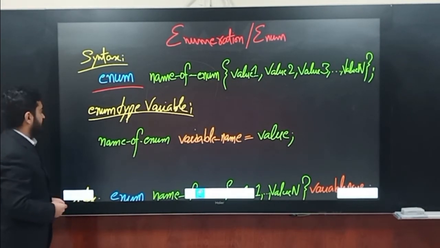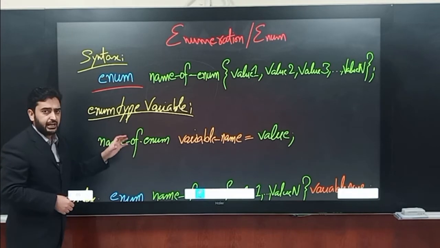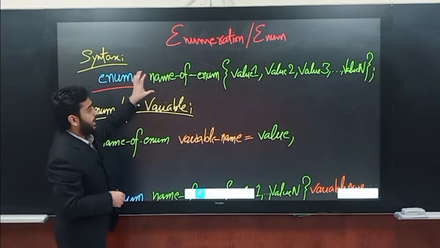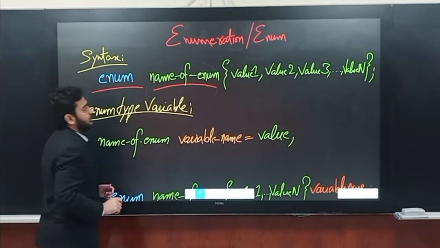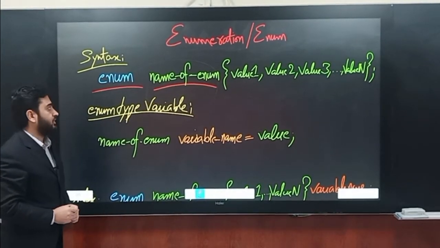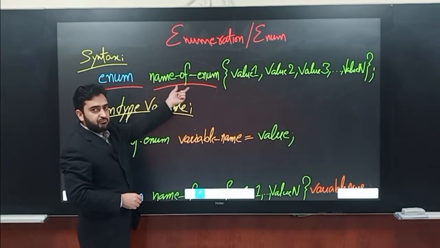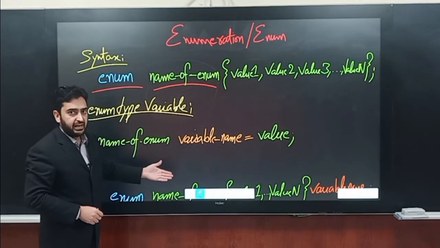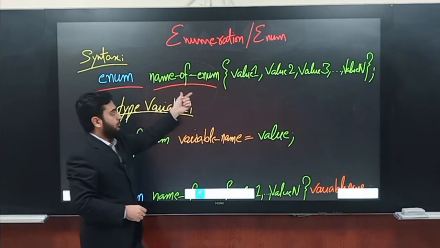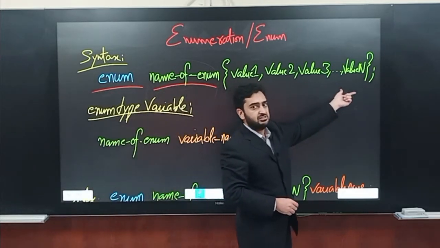in the C++ programming language. Then we can declare a variable of the enum type. This is now the user data type, and through it we can create and declare multiple variables of this type which can accept values from this set of values.